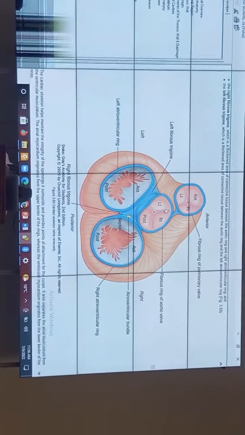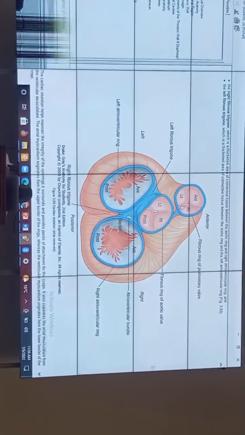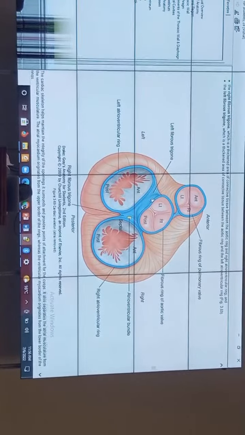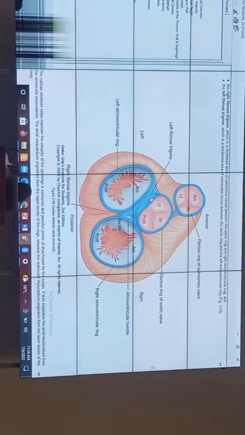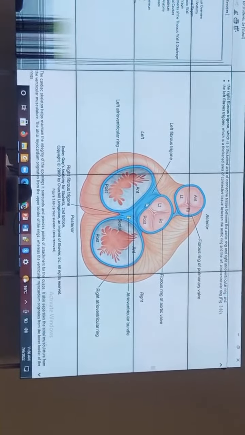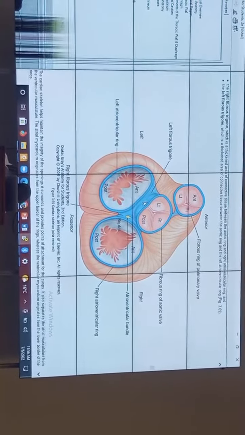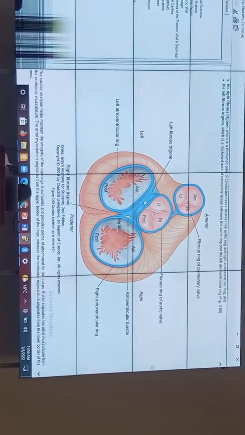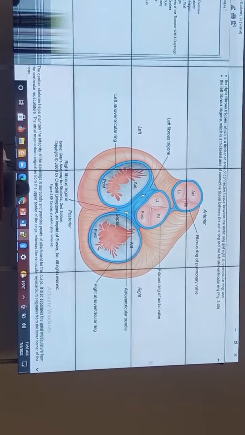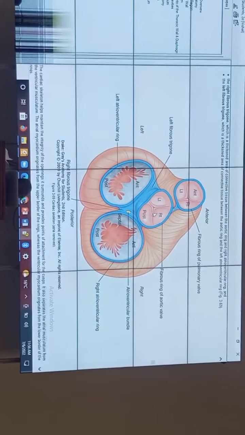Now, why I brought out this diagram is the fact that at the level of the septum that separates the atria from the ventricles, we find the skeleton of the heart. The heart also has a skeleton onto which these chambers are anchored.